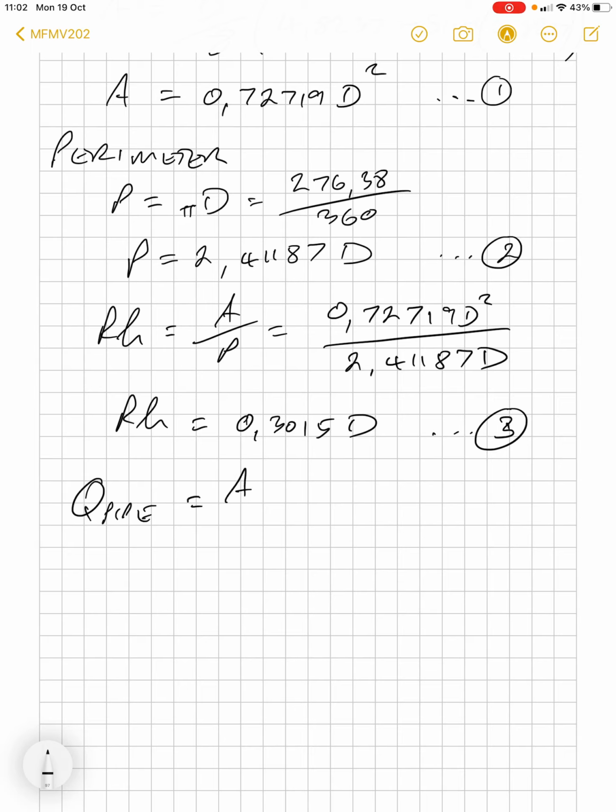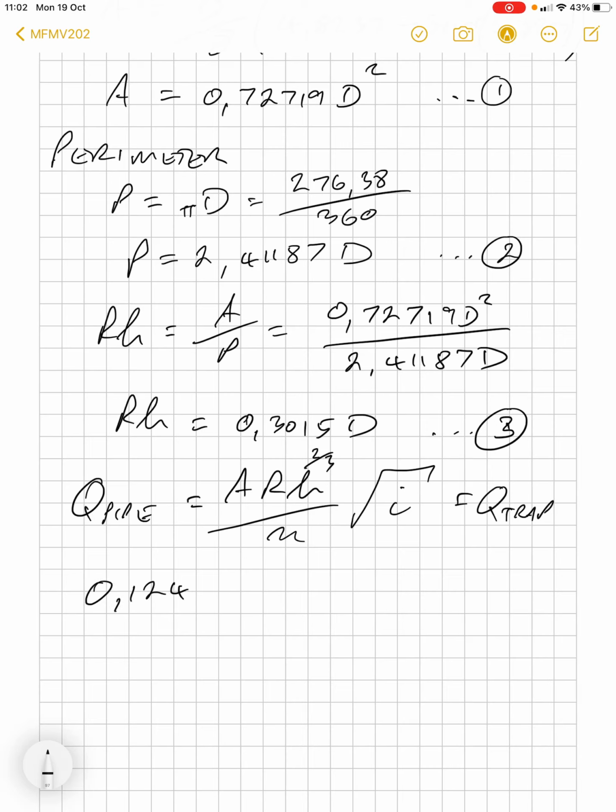Q pipe is A RH to the 2/3 over n times square root of I. But we know that that is equal to Q in the trapezoidal channel, and we have that already.